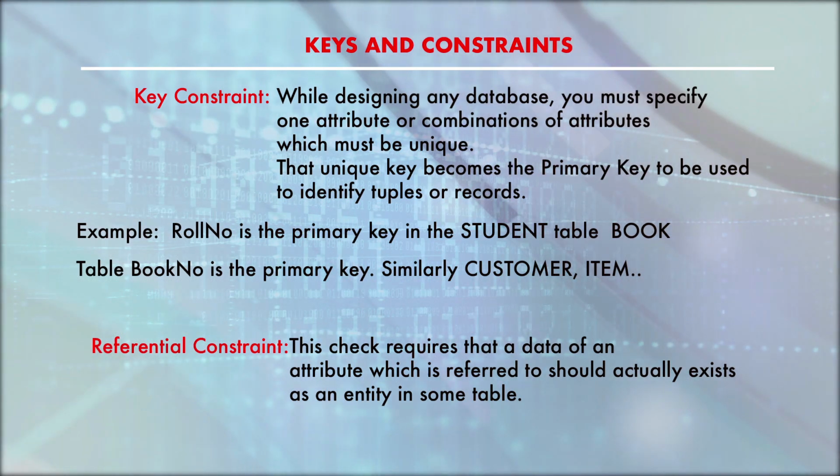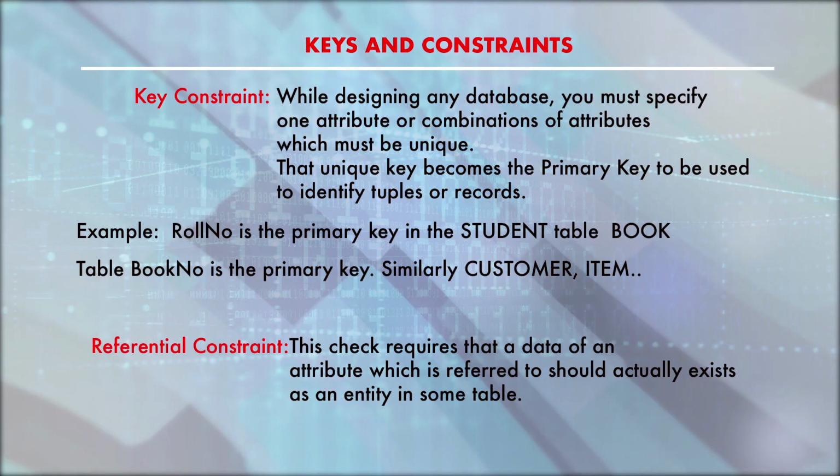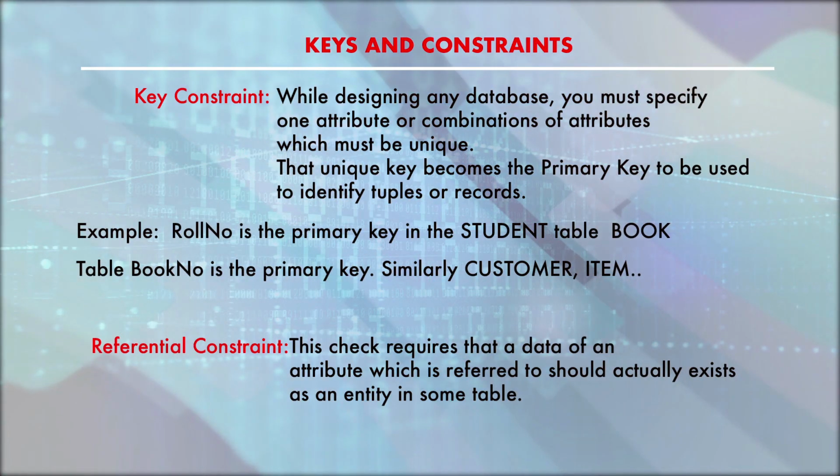On the basis of those common attributes, there is a linkage, and that linkage provides a connection between the tables. That connection is used for referring to one table from another table, and that is called referential constraints. It means when we are referring from one table to another table, we should be sure that the data is available in the other table when we do some kind of operation. So, that is called referential constraints.